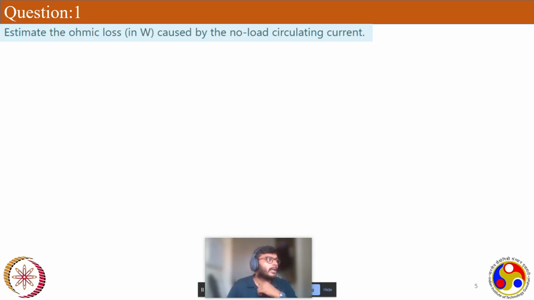Now how do I calculate my ohmic losses at no load? I know my no load current, so no load losses are I squared R losses. The R will be the total resistive part in my impedance.